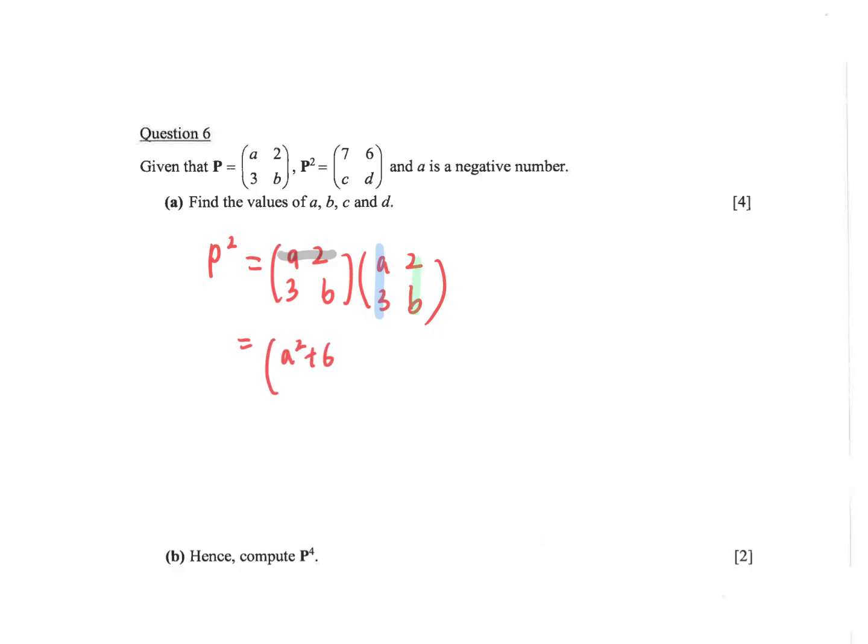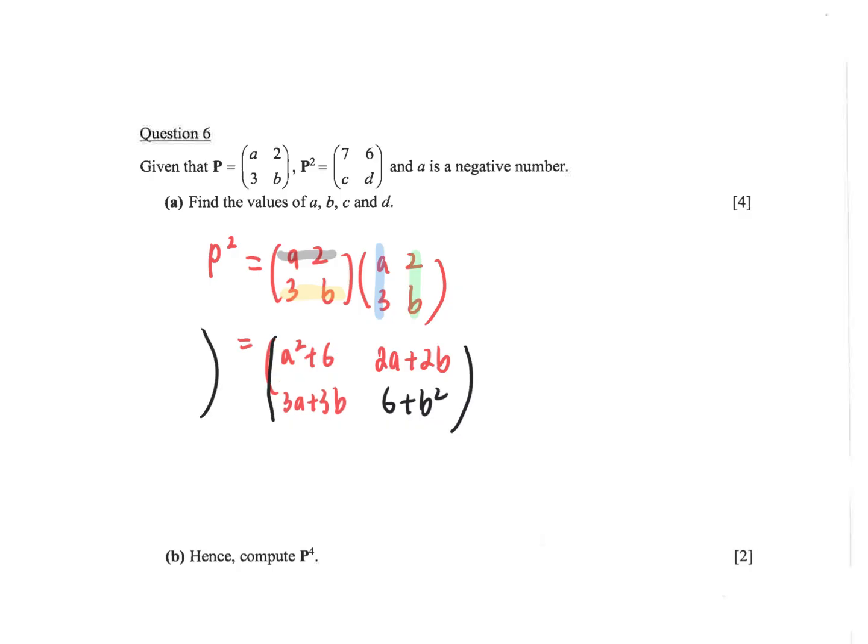Next, horizontal times the vertical one, you will end up having 2a plus 2b. Next, horizontal times the blue one, you will get 3a plus 3b, and lastly, the yellow one times the green one, you will get 6 plus b squared.